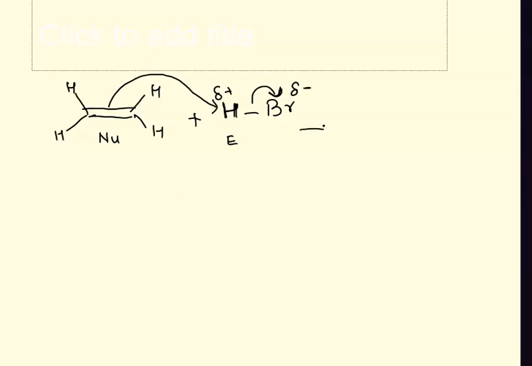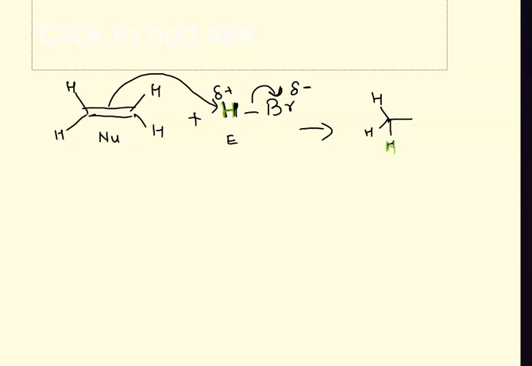So this is my first step where the double bond opens up. So now I have a carbon with 3 hydrogen atoms. One of the hydrogen atoms is from my HBr. So maybe we can put a color there to identify. So this is the hydrogen that's coming from HBr.